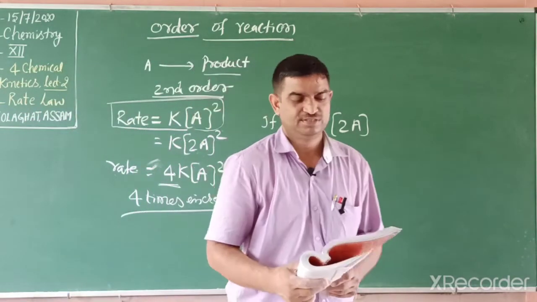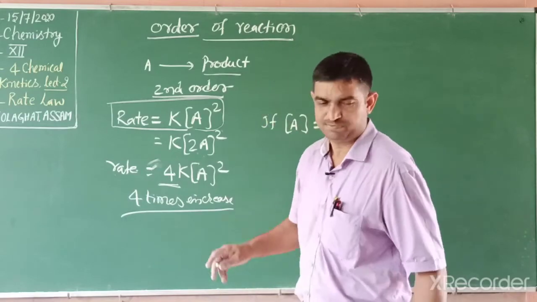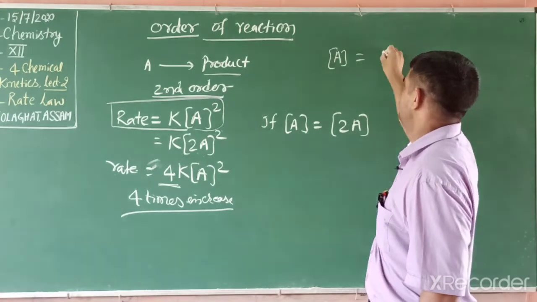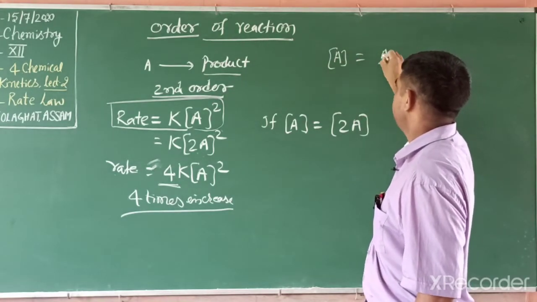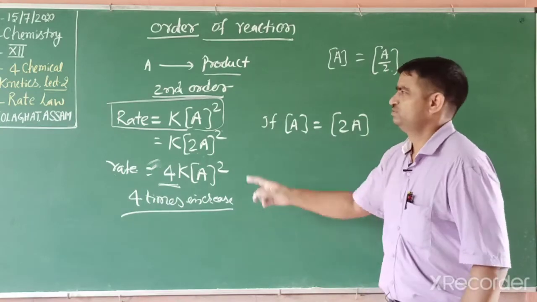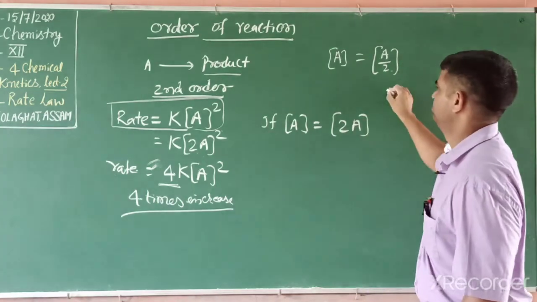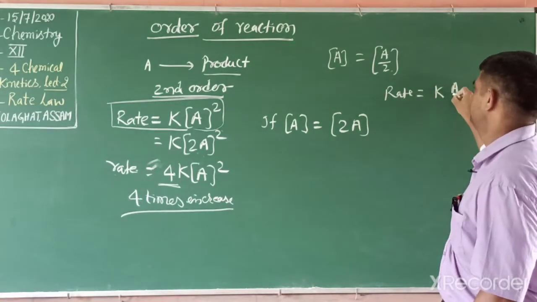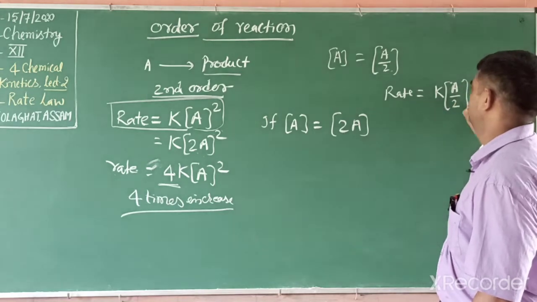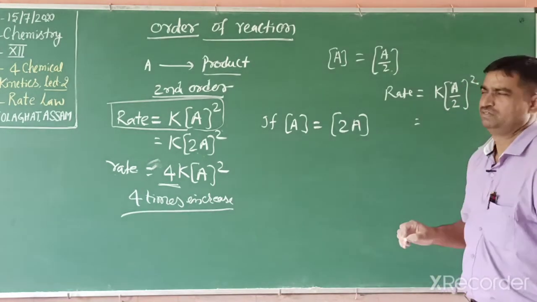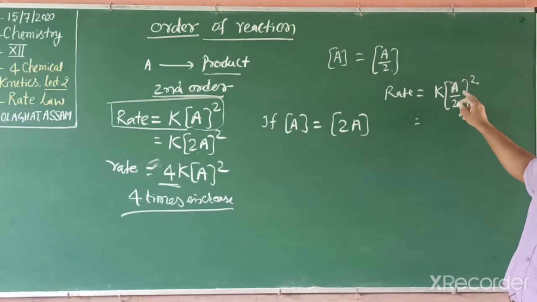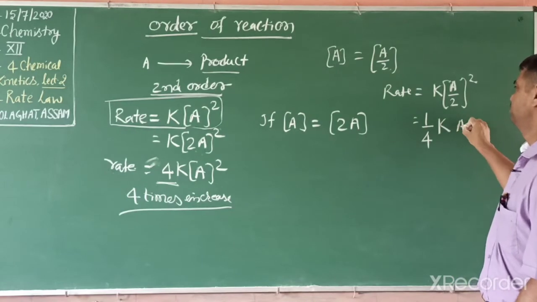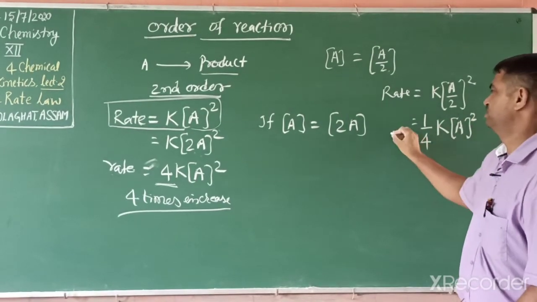Another question: what happens if the concentration is reduced to half? If A becomes A by 2, we put the value: rate is equal to k, and in place of A we place A by 2. When we solve this, 1 by 2 squared gives 1 by 4 k [A] square.